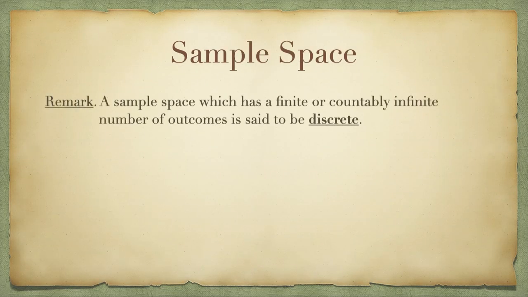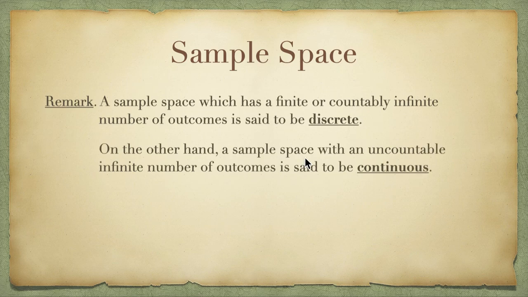In the next slide, we'll be talking about the sample space. Okay, so a remark after that activity: a sample space which has a finite or countably infinite number of outcomes is said to be discrete. Our third example is not finite, but it's infinite but countable. So we can call it countably infinite, and it has a discrete sample space. On the other hand, a sample space with an uncountably infinite number of outcomes is said to be continuous.